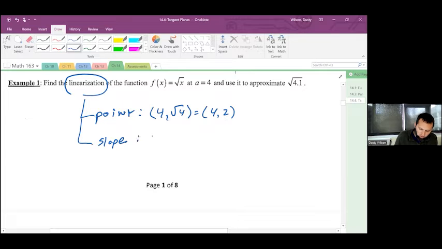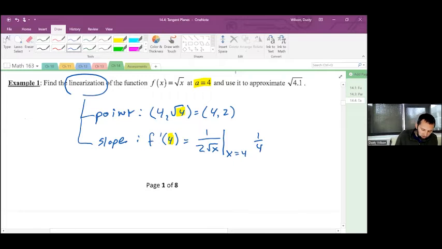Our slope is going to be f prime of 4. And again, we're using the 4 because that's our a. F prime of 4, which would be 1 over 2 root x, evaluated when x equals 4. That would be just 1 over 4.